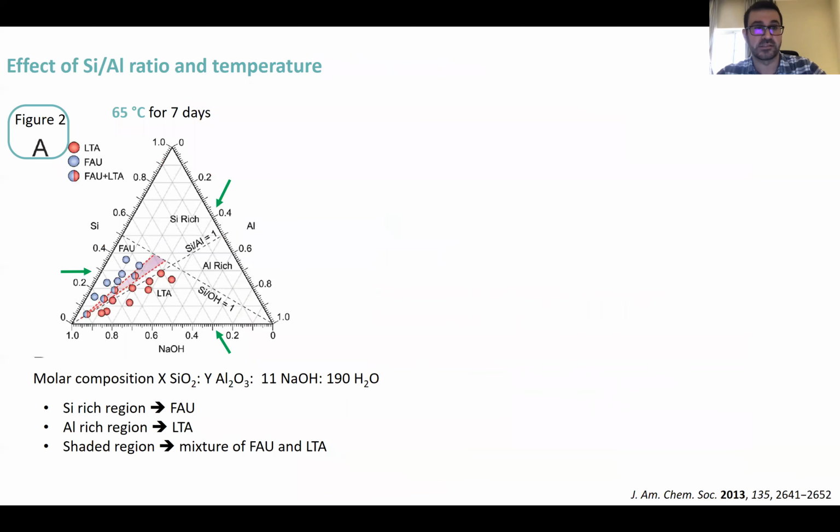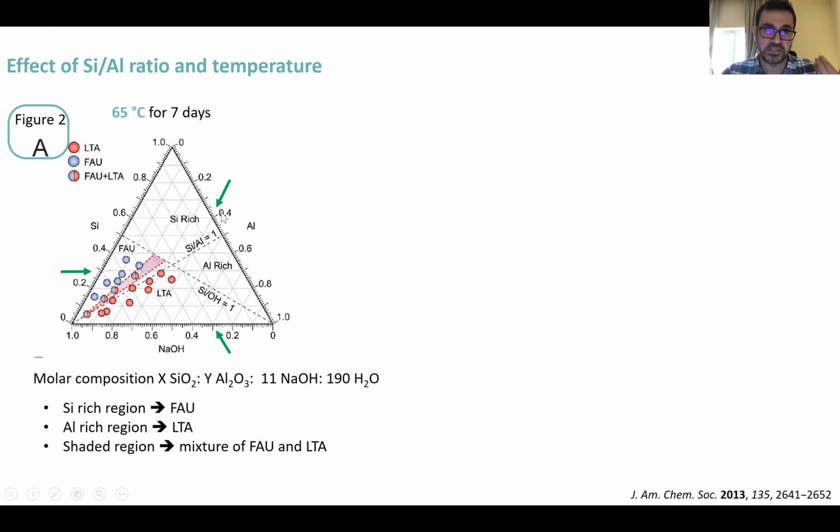For example, in this ternary diagram over here, if you read this way, you are looking at the silica. If you are reading this way, the alumina, and this way, the sodium hydroxide. Each point has silica, alumina, and sodium hydroxide content. Here the silica is fixed, but alumina and sodium are not.